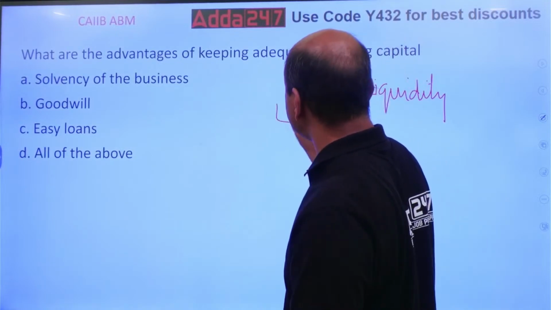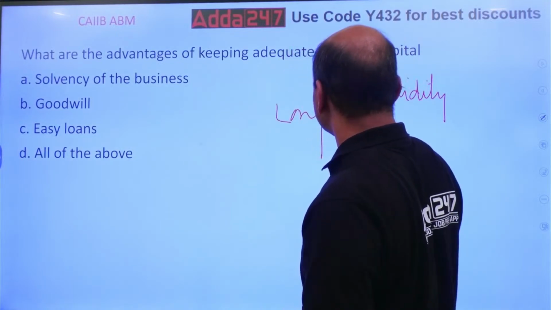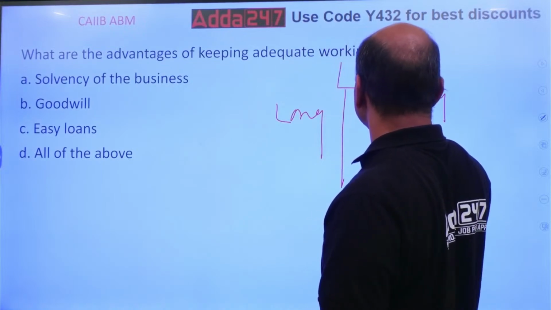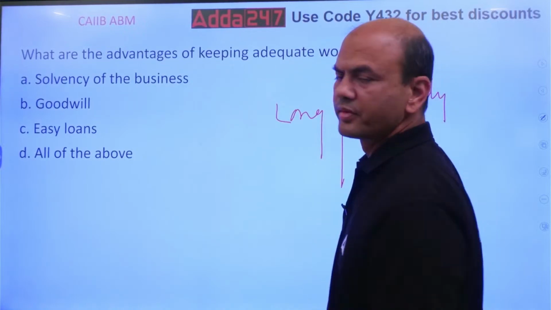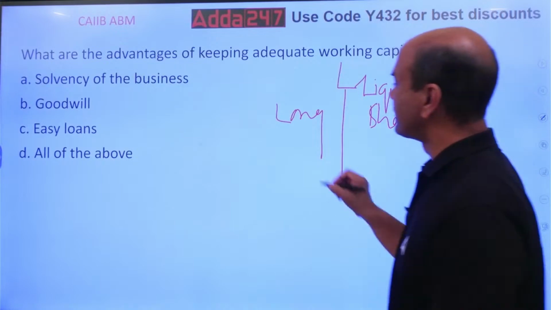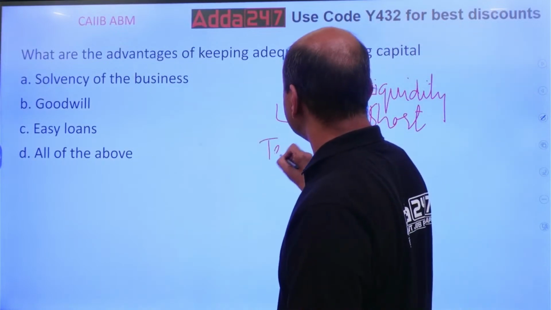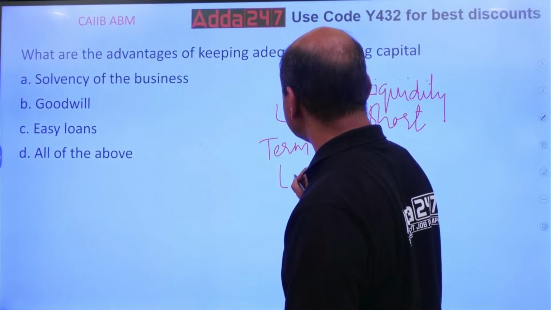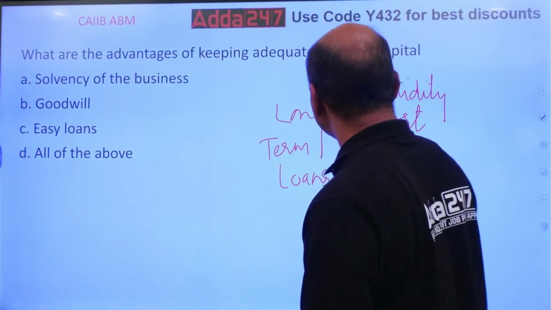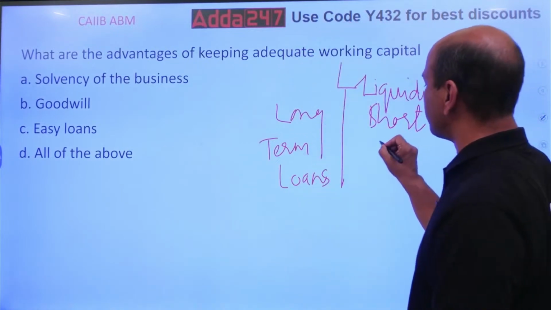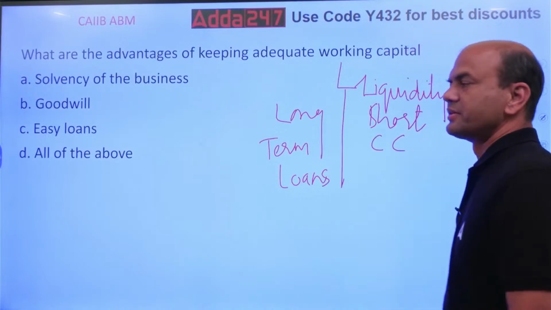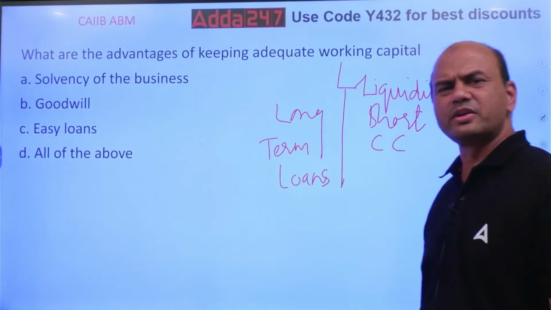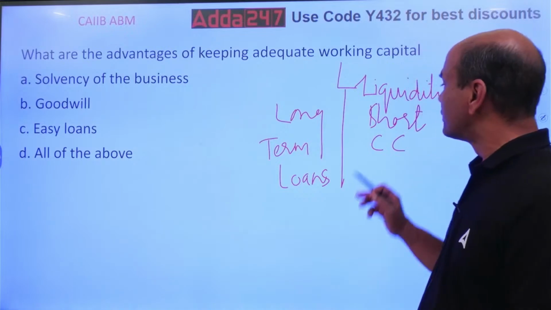One is long term, and second is short term. For long term, we have term loans from the bank. And for short term, we have this WC, working capital. We call it CC also, cash credit. Working capital limits or anything. So you have to focus on both.